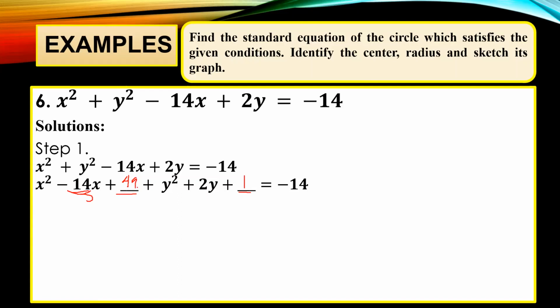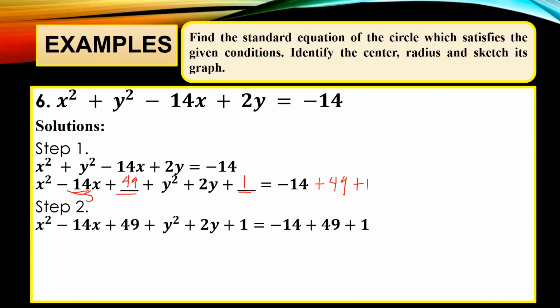So since we add here 49 and 1, we need to also add 49 and 1 to the other side of the equation. So we have x squared minus 14x plus 49 plus y squared plus 2y plus 1 is equal to negative 14 plus 49 plus 1.